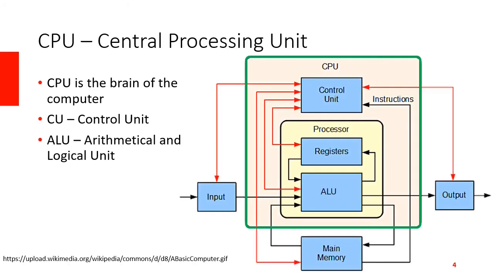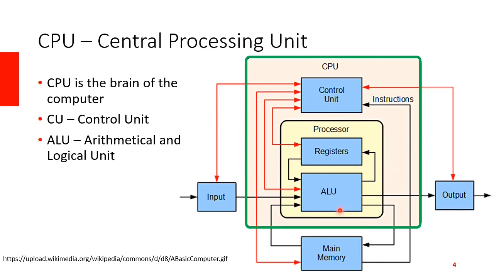Moving on, let's talk about what the central processing unit is. When we talk about the central processing unit, there are three components associated with it, out of which the main one is the control unit, which controls everything, as its name implies. Then you have the arithmetic and logical unit, which we call the ALU.